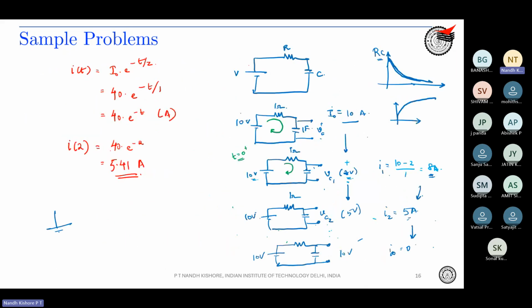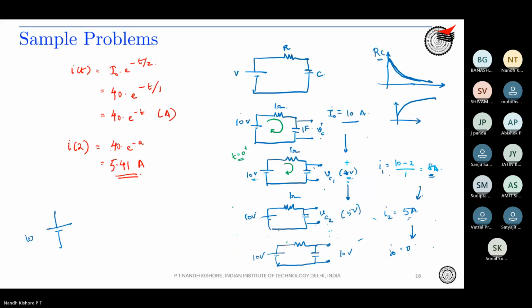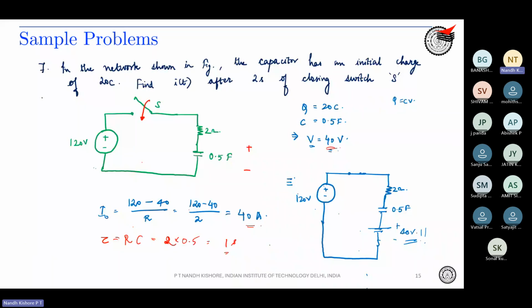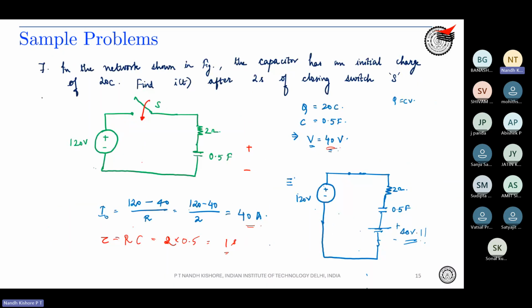You are having 120 volts, the switch is closed, you are having a 2 ohm resistor and a capacitor. The capacitor voltage is 40 volts and it is 0.5 farad.